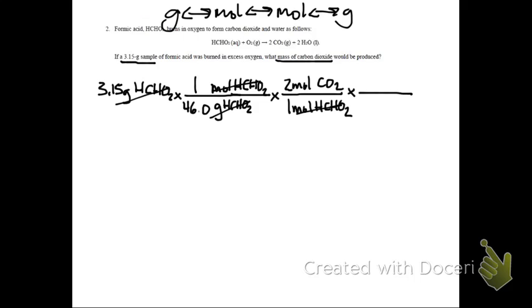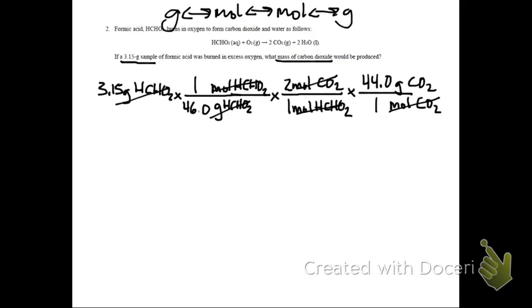Alright, now we are going from moles to grams. So moles of CO2 will go on the bottom, and up on top will be grams of CO2. So if we add together the molar masses, it's 44.0 grams for every 1 mole.